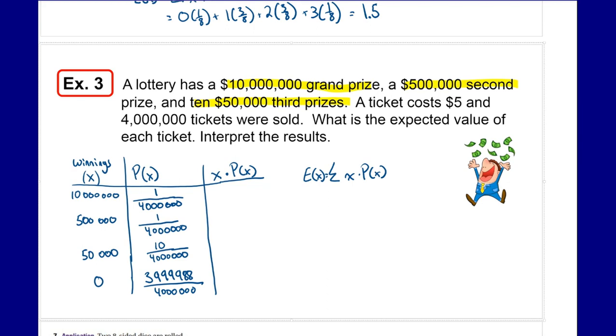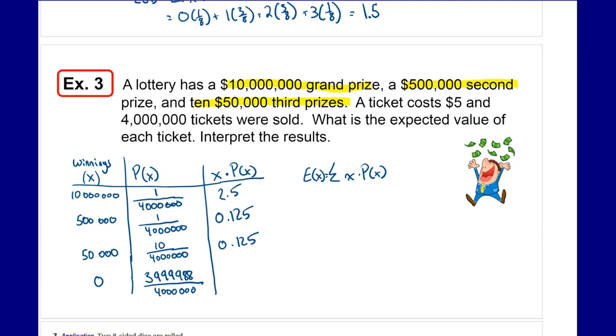So 10 million times the probability, which is 1 divided by 4 million, we're left with 2.5. 500,000 times 1 divided by 4 million, because of the probability, we get 0.125. 50,000 times 10 divided by 4 million is 0.125 again.